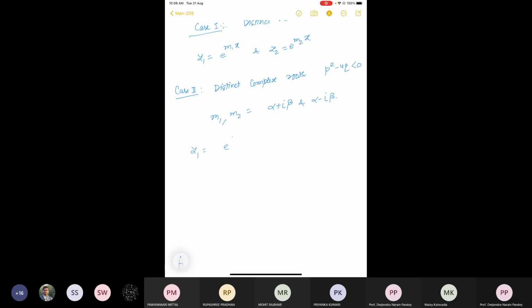I was claiming that y1 equal to e to the power alpha x cos beta x and y2 equal to e to the power alpha x sin beta x are two linearly independent solutions. This was the claim.